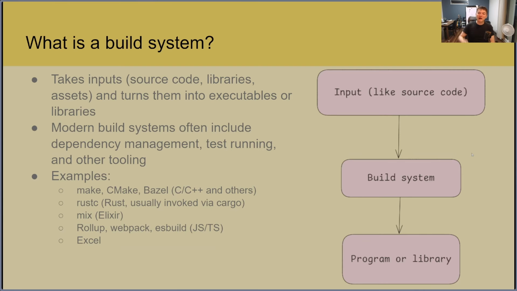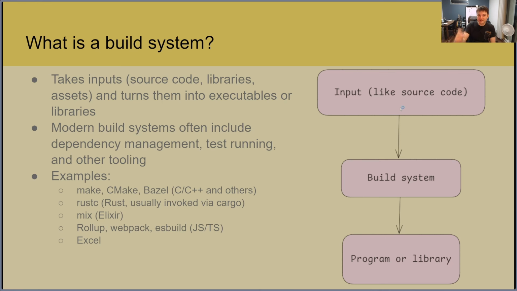So build systems. What is a build system? In general, a build system is a program that will take inputs. This is things like source code, libraries, assets, and probably other categories of things, and then turns those into executables or libraries. I've got this diagram on the right.